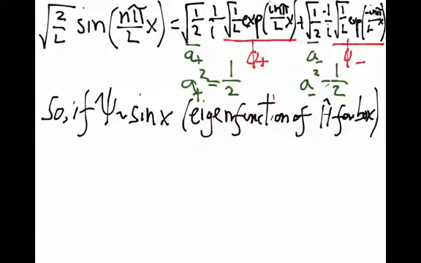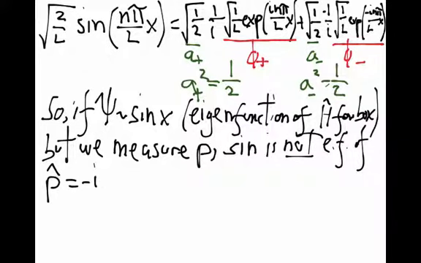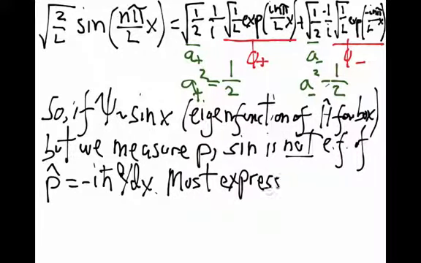So psi, which is basically sine, is an eigenfunction of the Hamiltonian for the particle in the box. But if we go and we measure momentum, we've established again that sine is not an eigenfunction of the momentum operator p hat, which is minus i h bar d by dx. So it doesn't work. And then we have to do this business of recasting the wave function as we did just above.